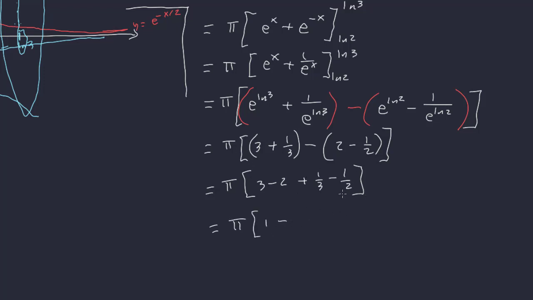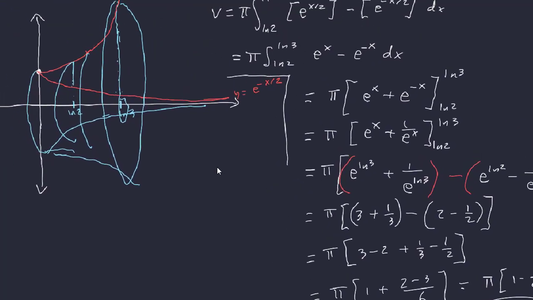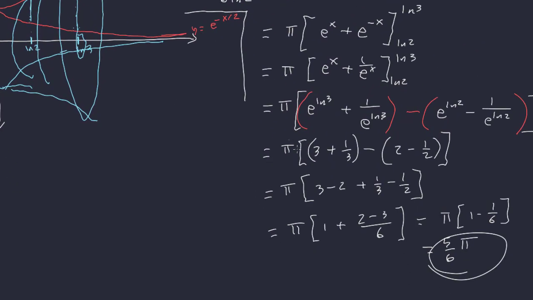And then here, it will be 2 minus 3 over 6. So that will be negative 1/6. So pi times 1 minus a sixth. So that should be 5/6 times pi. And there we go. Okay, there's the volume of our funky solid there.